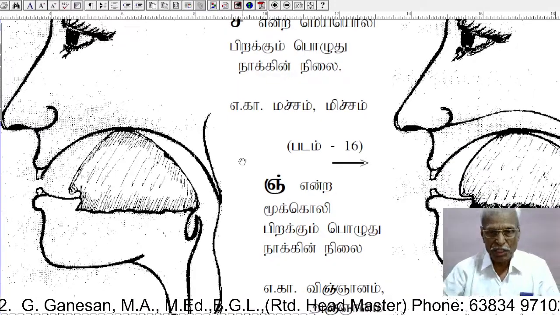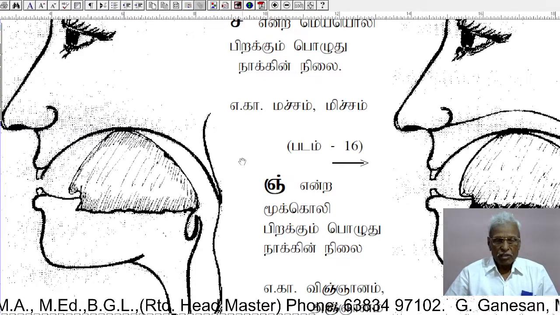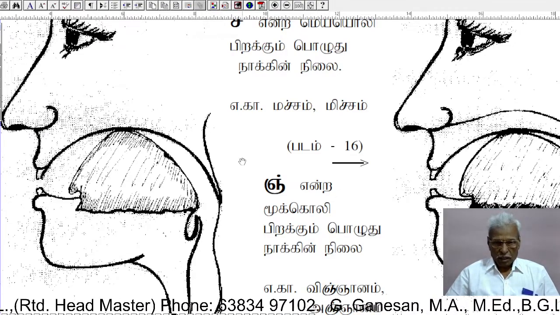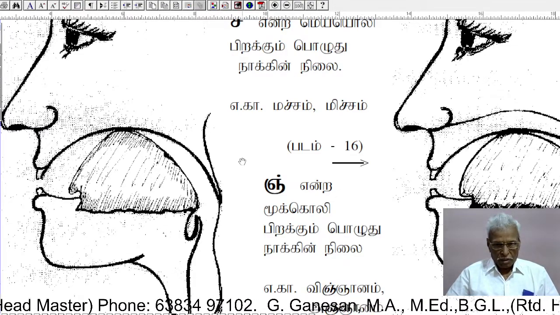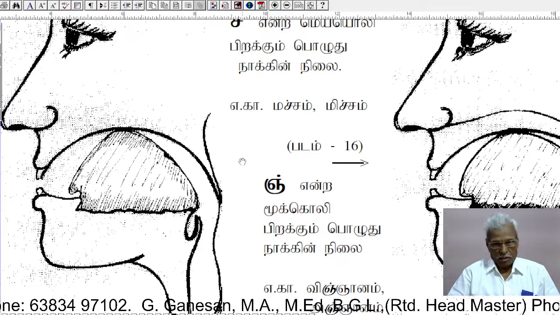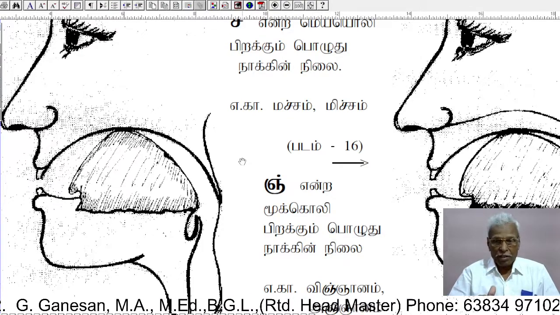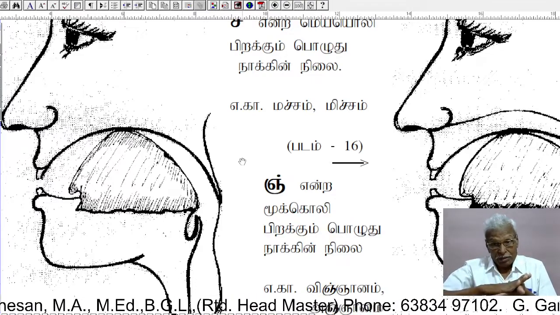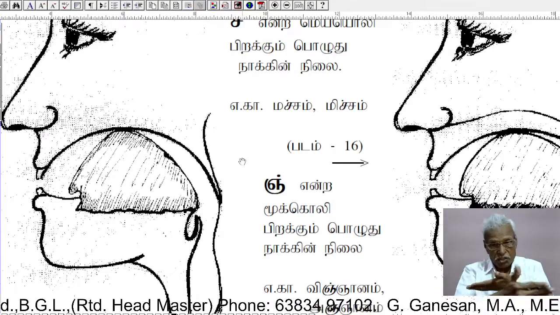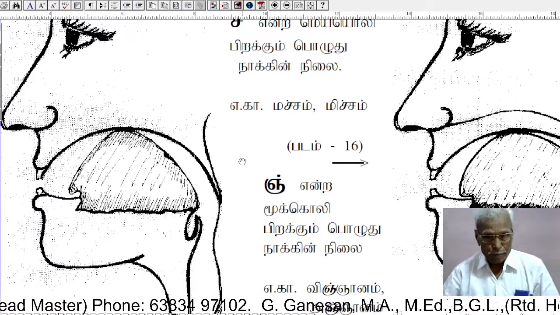Now let us see how the nasal ing is produced. Ing is produced by raising the center of the tongue towards the center of the roof and making a tight contact with the center, then sending out the air through the nasal passage, that is through the nose.